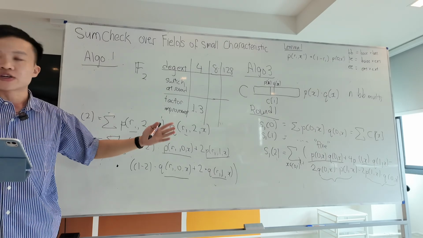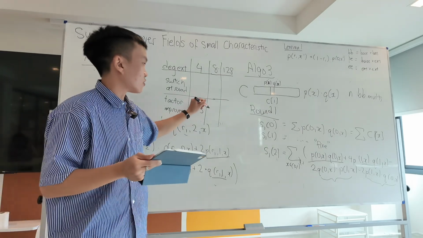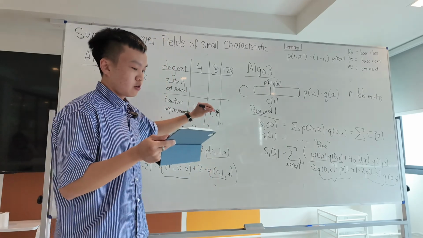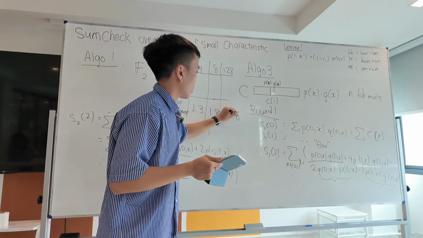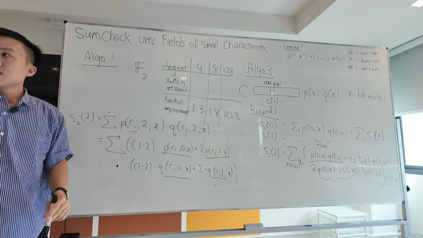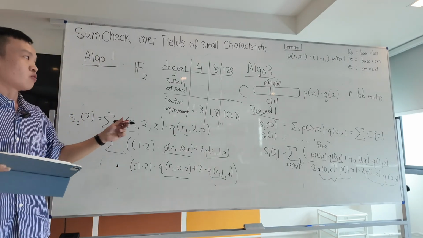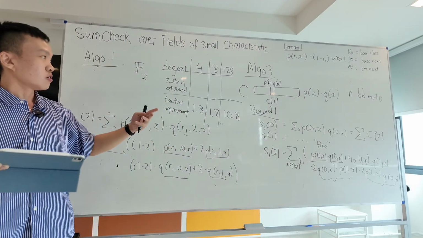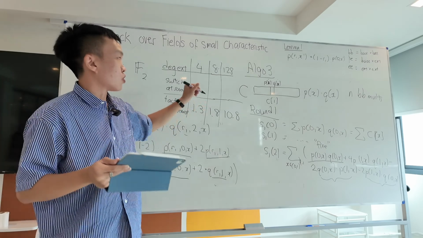It's about 1.3x faster. But at 128 you see about a 10x faster improvement of the algorithm. And they found that's where you should switch from algorithm 3 to 1.